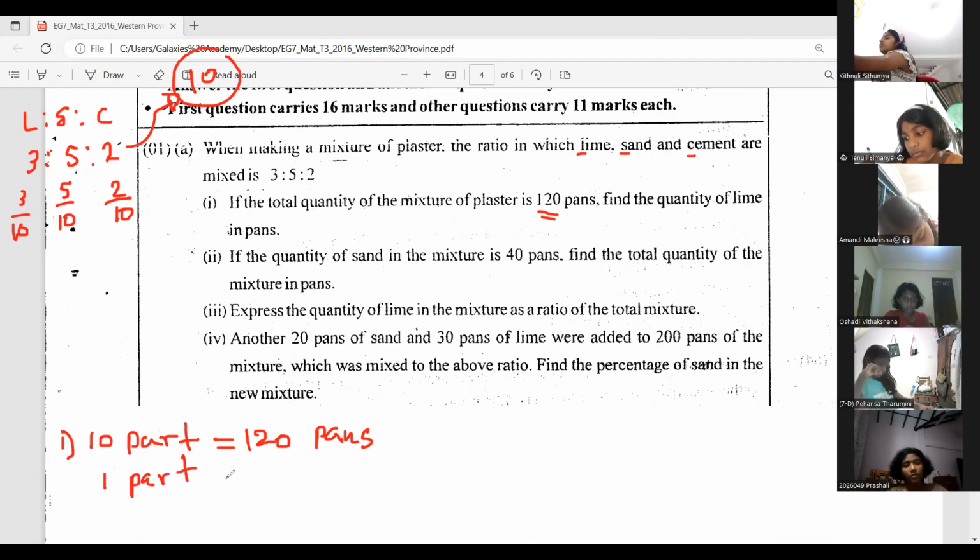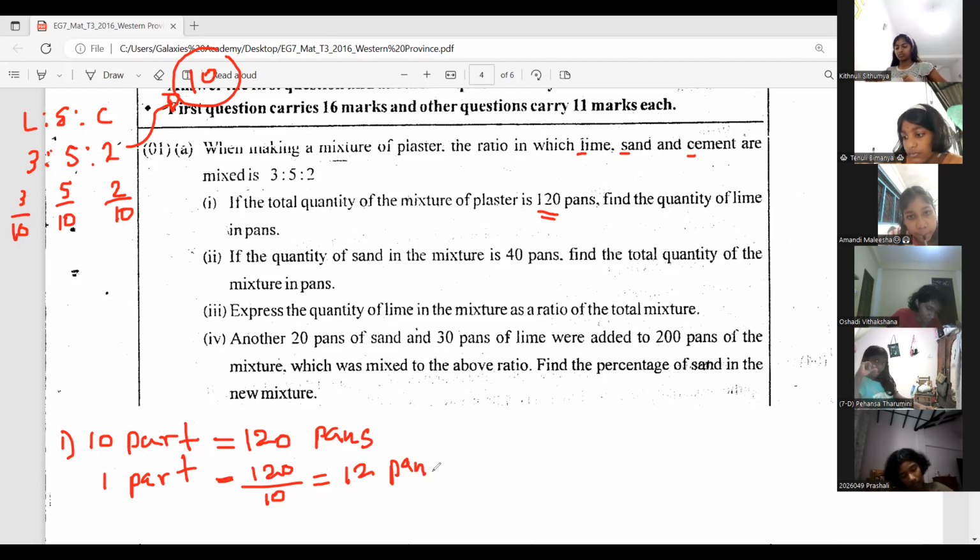What is the 1 part value? 10 parts, 120. 1 part value, 120 divide 10. Can you understand? What is the answer? 12 pans, no? If 10 parts are 120, how much is one part? 120 divide 10. How many pans? 12 pans. We have to find lime, no?